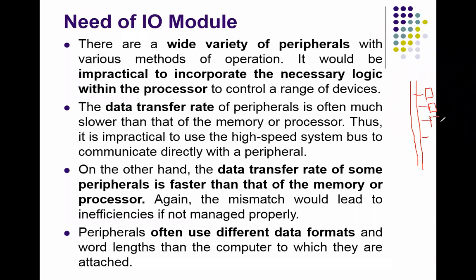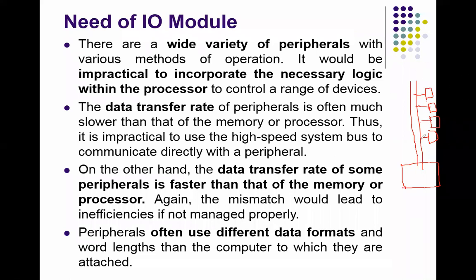Why? Because each device has a different data rate. So what we require is another device which controls all these devices, because these different devices have different data transfer rates, right? And as we have discussed earlier, the processor cannot handle all these wide range of multiple devices.